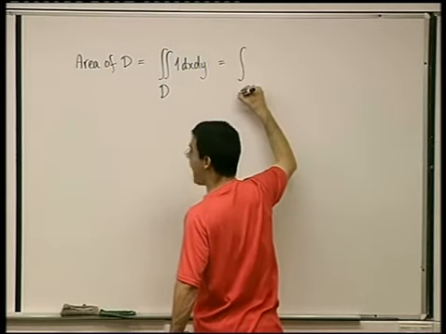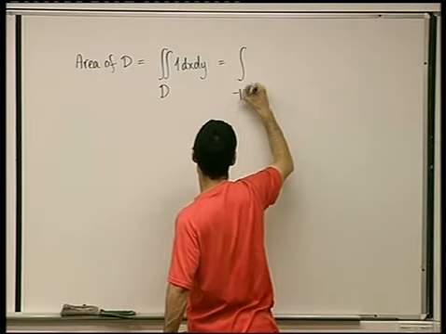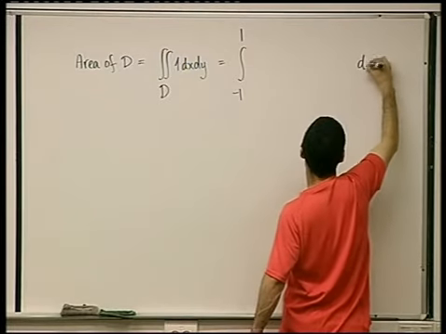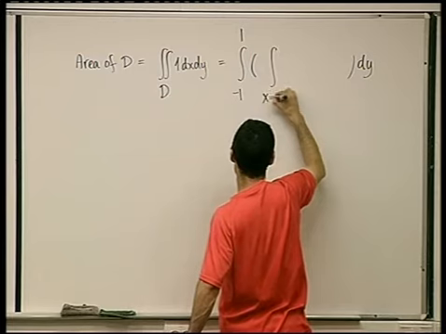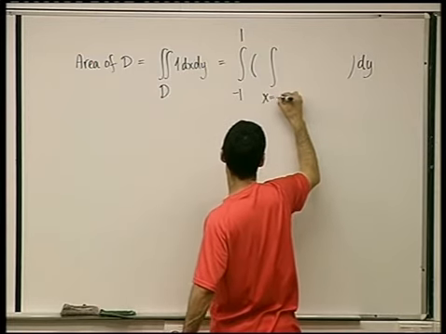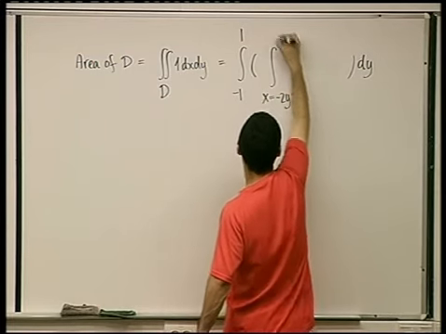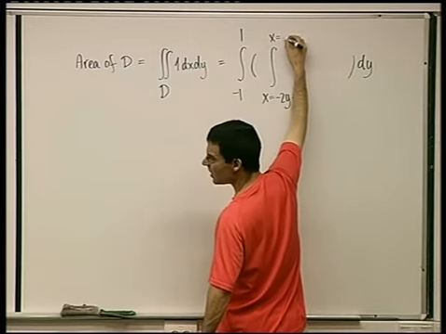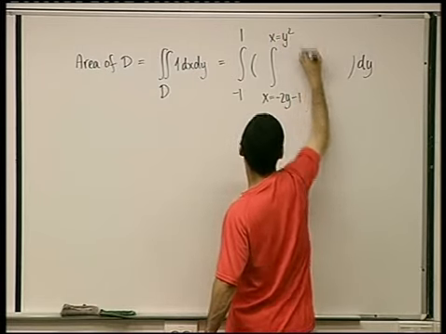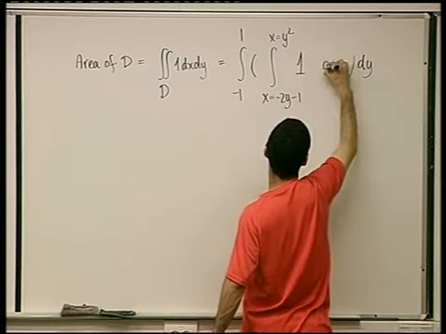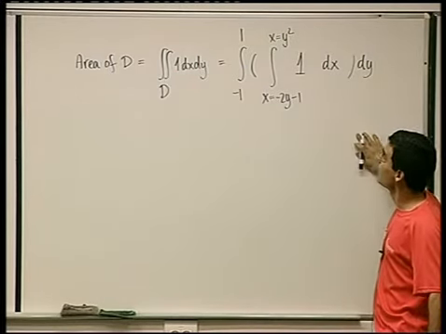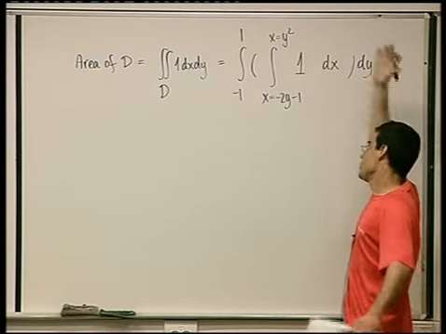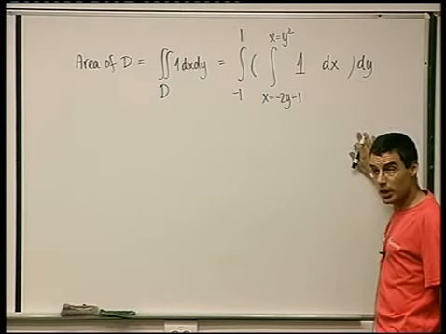So the y's go between -1 and 1. That's the outer integral. The inner integral, the x's go between x equals minus 2y minus 1 and x equals y squared of the function 1 dx. That's writing that domain as an iterated integral, and the f is just the function 1. Good?